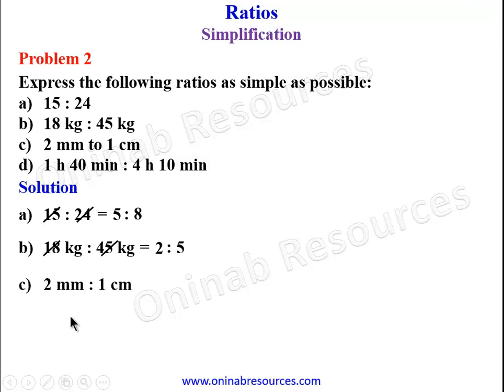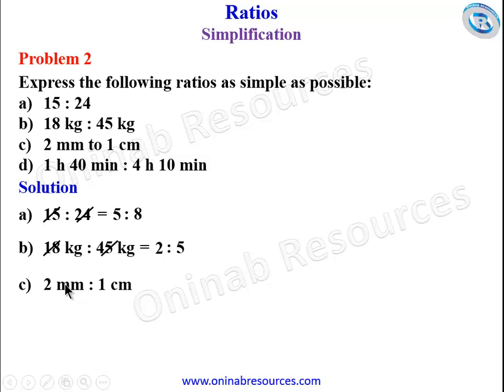So we go to C. This is 2 millimeters ratio 1 centimeter. This is a case of different units. So we're going to change to the smaller unit. Millimeter is the smaller unit of centimeters. So we change this 1 centimeter to millimeters. 10 millimeters make 1 centimeter.